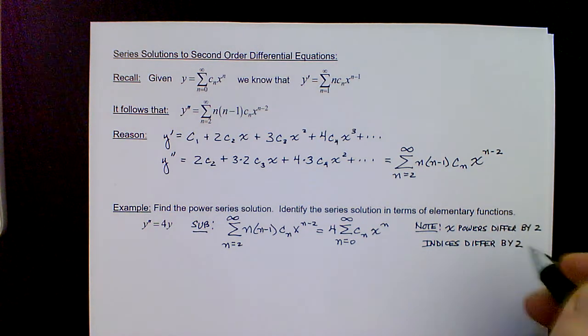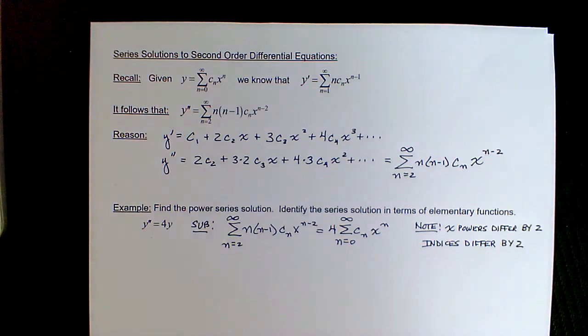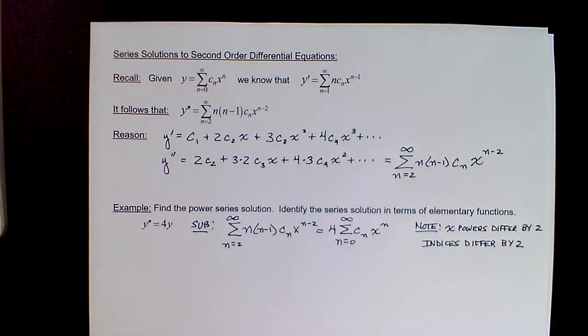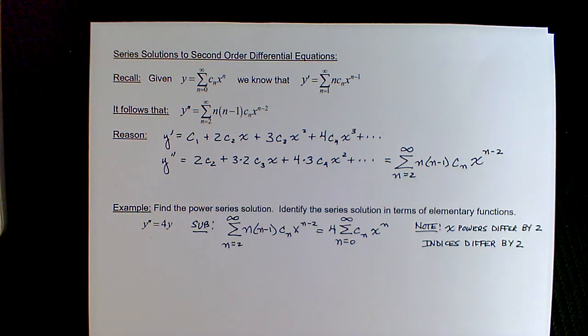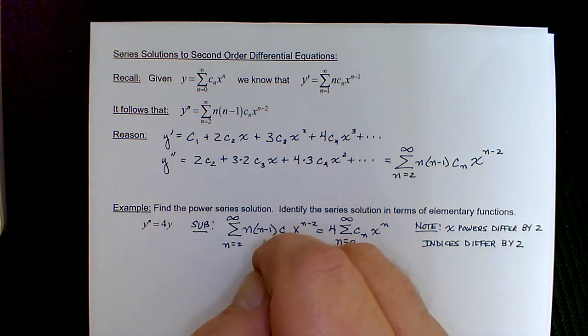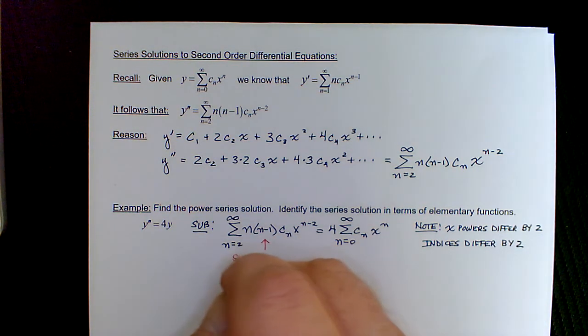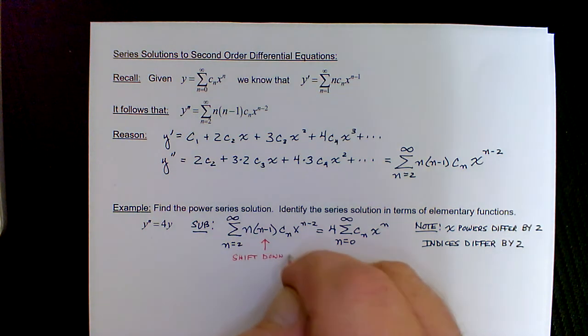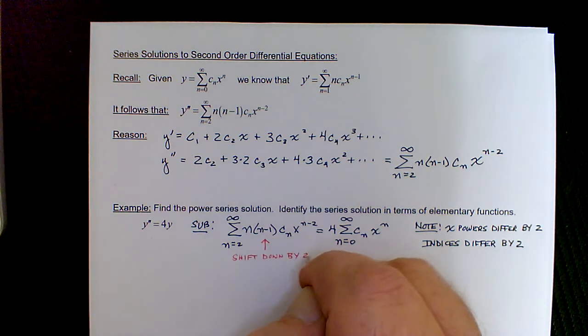They differ by 2 as well. So remember, when these differences are the same, just a simple shift will get us to a point where we could use the identity principle, as opposed to the last example where we saw that we had to count off. So you always want to shift the higher index down, and we'll have to shift this one down by 2.